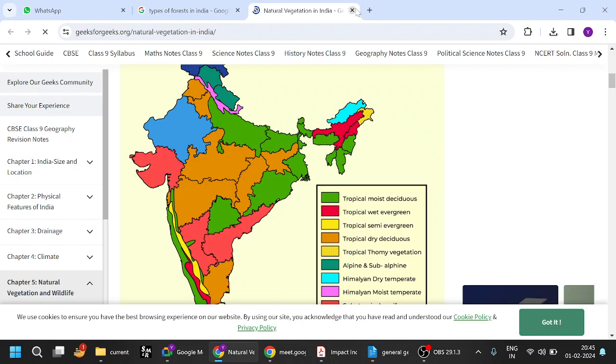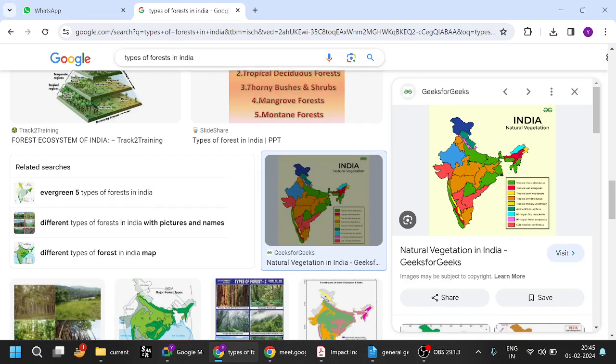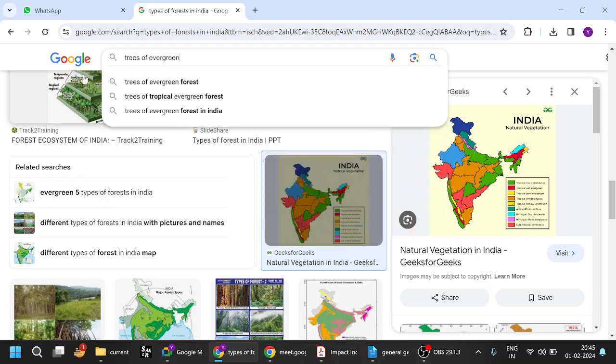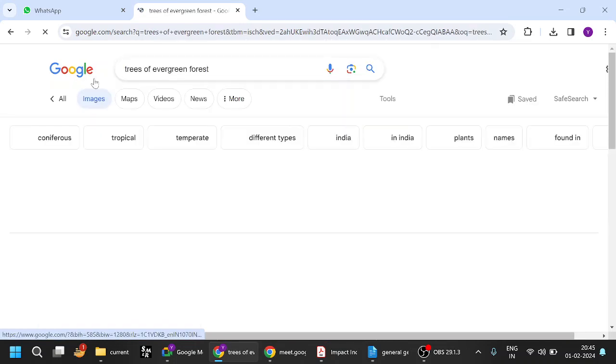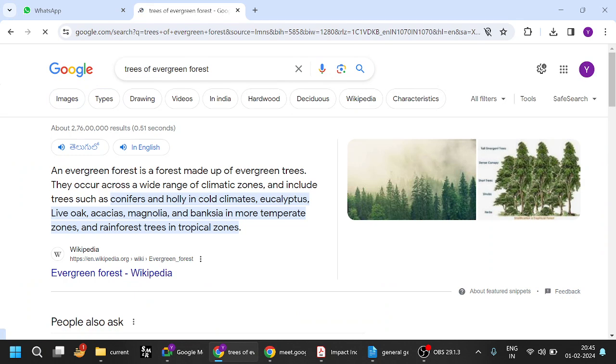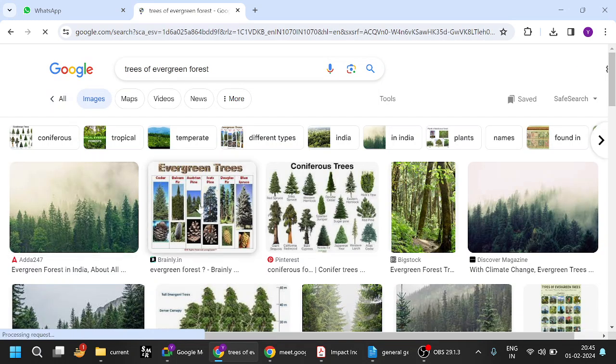Also, one important thing to remember is what the trees of evergreen forests are.